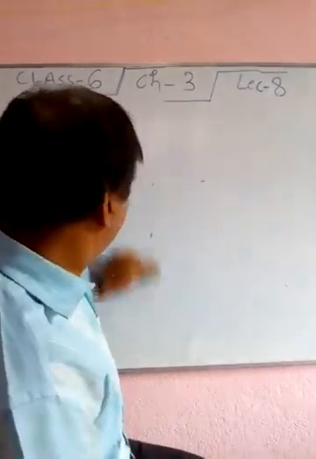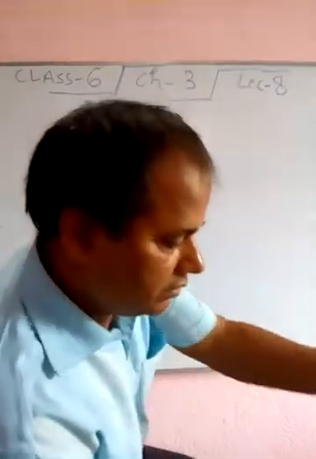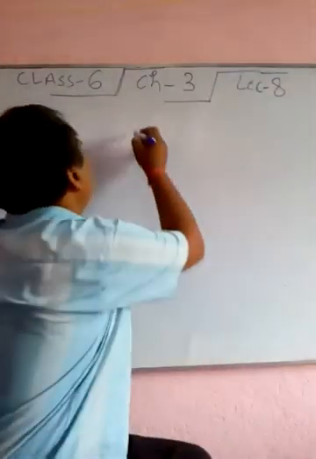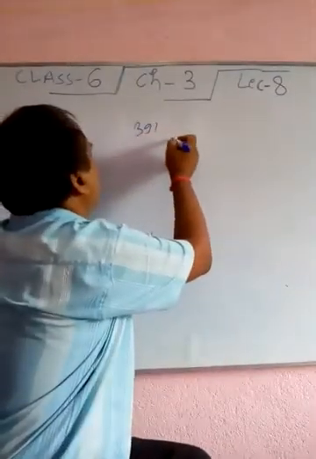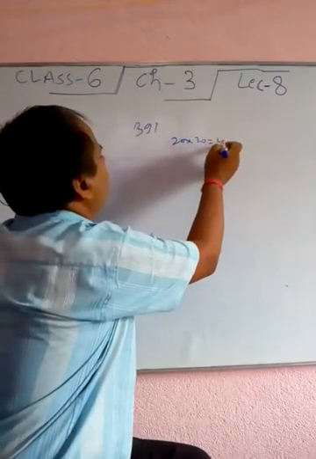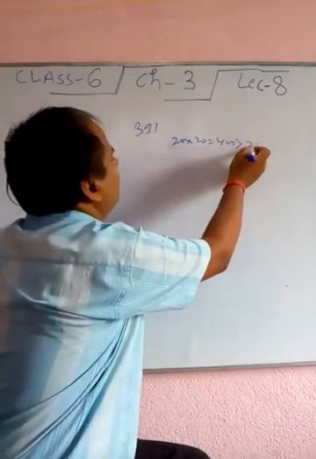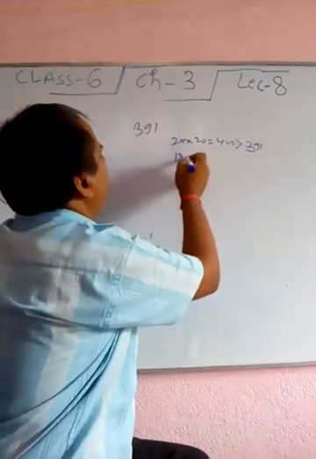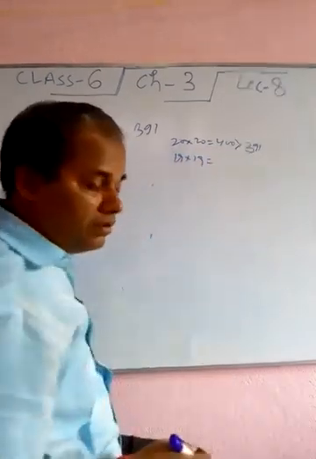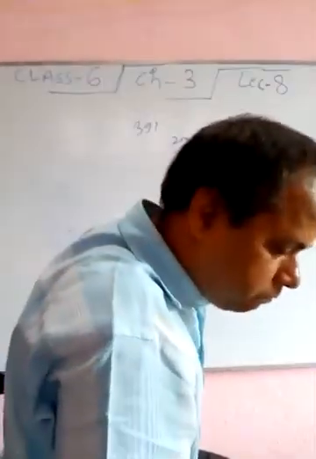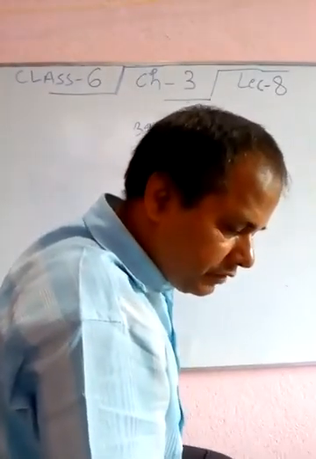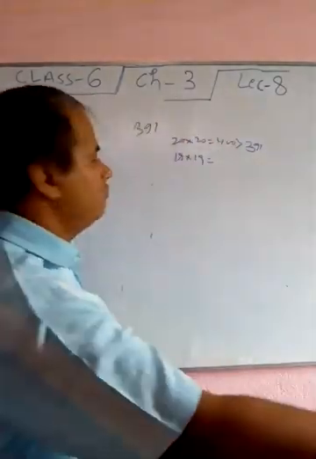391. 20 into 20 is equal to 400, more than 391. And 19 into 19 is 361.